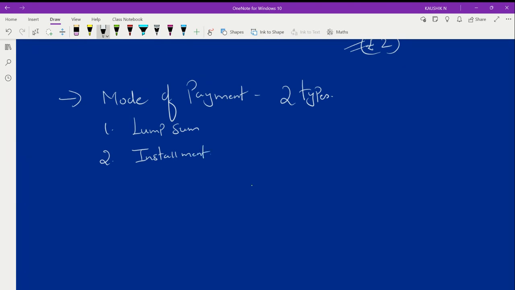So lump sum and installment are two different modes by which the company can collect the required amount of capital from the public. First let's understand the first method, called lump sum. Lump sum is nothing but one single shot, in one single shot, the entire face value.